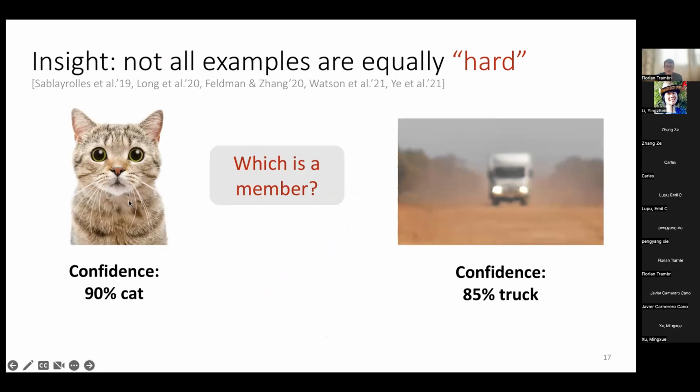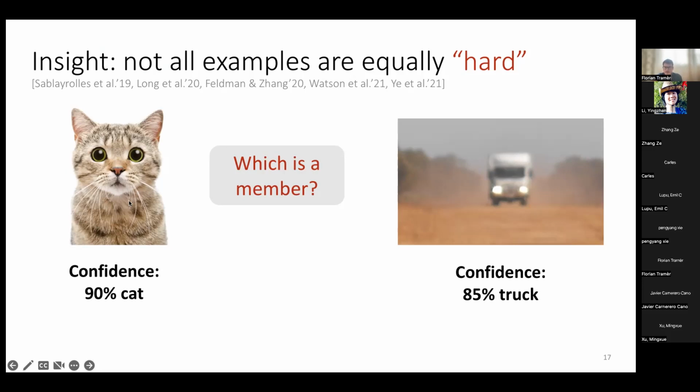Let me give you an illustrative example. Suppose I give you these two images. I give you this cat, and I tell you the model I've trained has 90% confidence that this is a cat. This is a very canonical image of a cat.